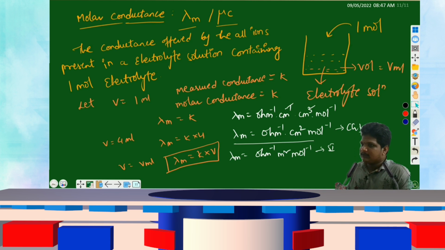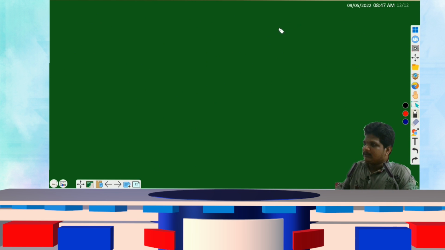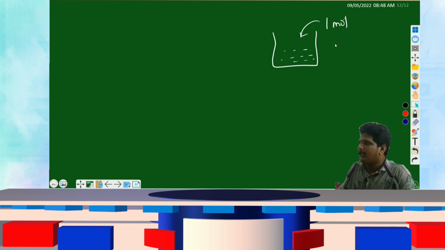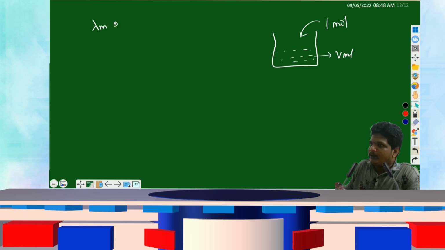Again I am assuming an electrolyte solution containing 1 mole electrolyte, where the volume is V mL. We know that lambda m or mu c is equal to kappa into volume, so let us derive the expression for volume.